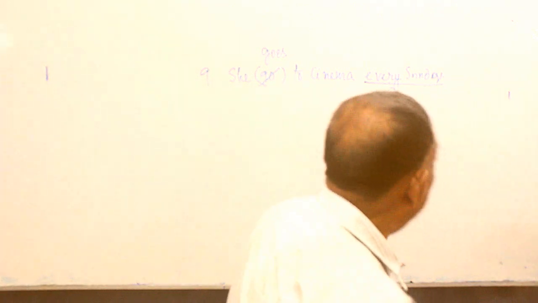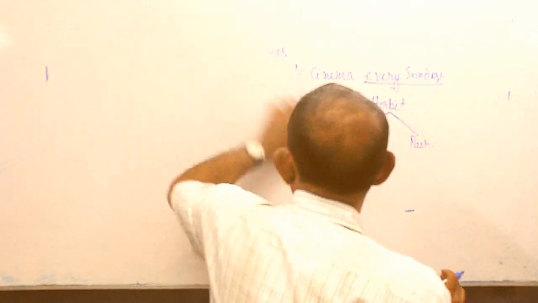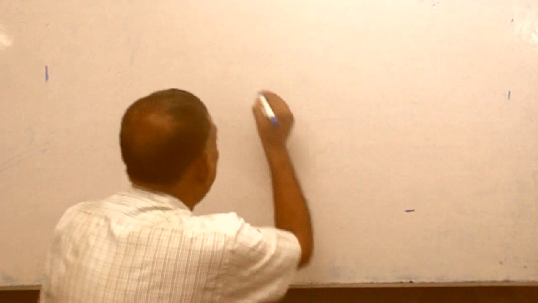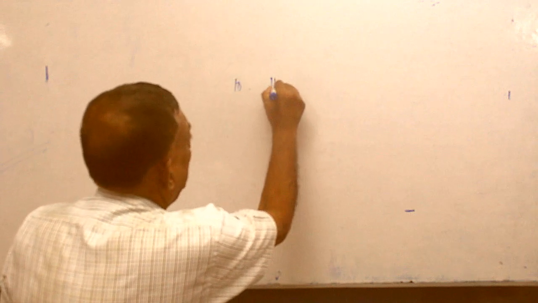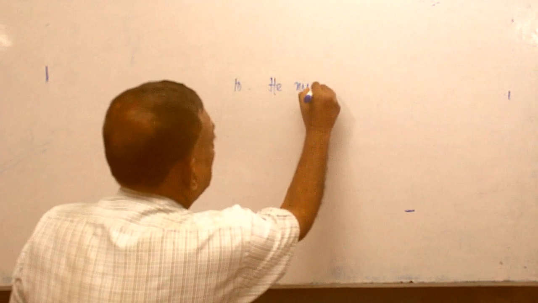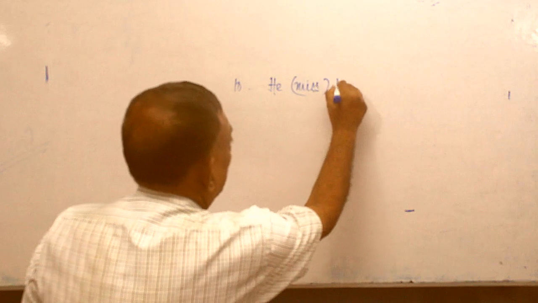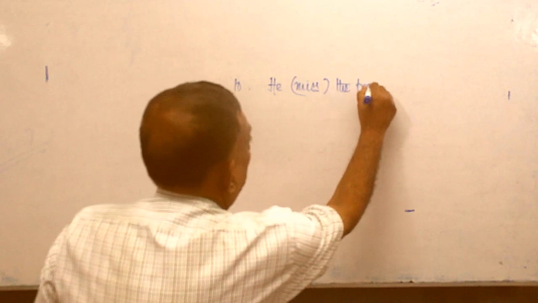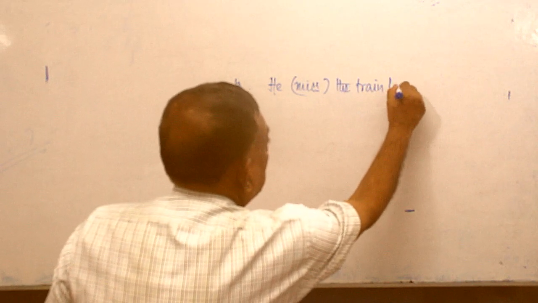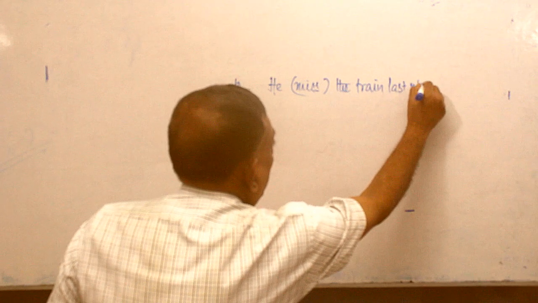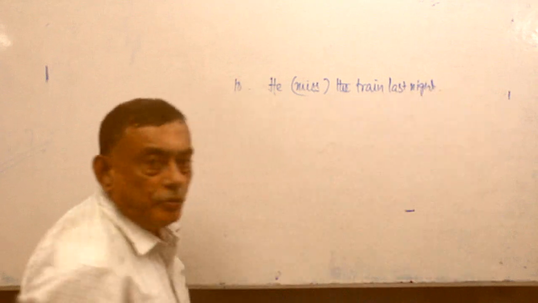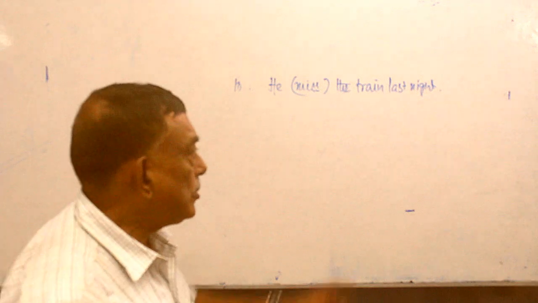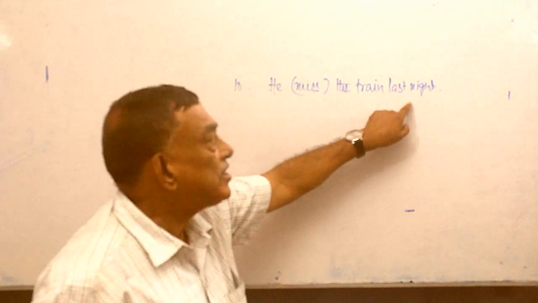Next, question number 10. Question number 10 is, he missed the train last night. Now the first point is that whenever you try this question, first of all go to the adverb, last night.